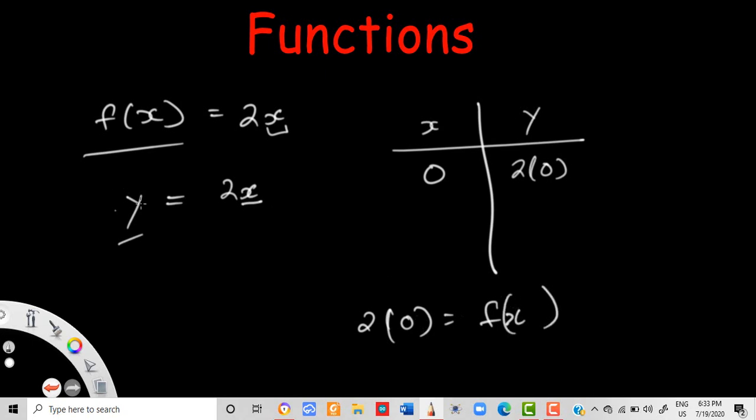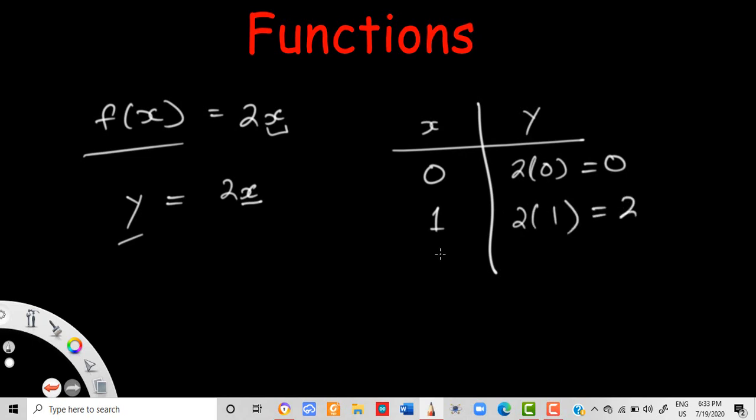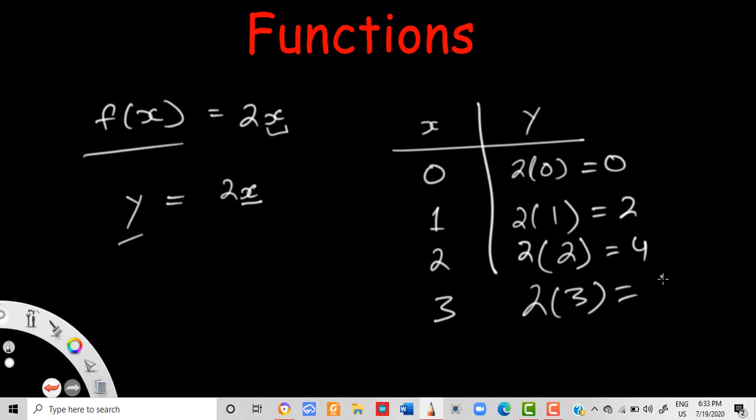That is why we can write out f(x) as y. Okay, so 2 times 0, that is simply 0. And then if x equals 1, then 2 times 1, that is 2. Then for x equals 2, y will be 2 times 2, that will be 4. And then for 3, y will be 2 times 3 equals 6.